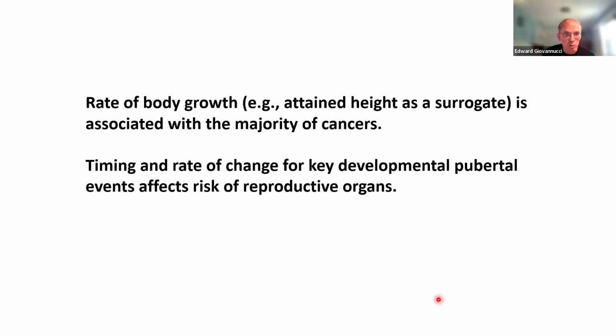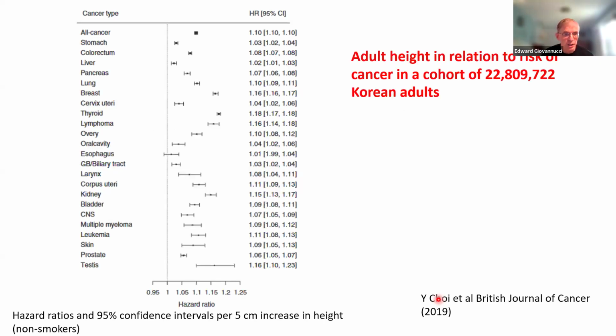So the rate of body growth, for example height, which can be a surrogate, is associated with a majority of cancers, and also events like menarche, which I'll talk about. This slide is from a big population study in Korea, but this is shown in many other populations, a very consistent finding: being tall is a risk factor for cancer.